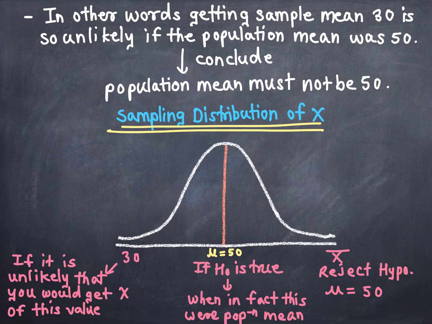Suppose mu is 50, that is the mean of the population is 50, then we are considering H0 is true. Suppose our sample mean is 30. Then if it is unlikely that you would get an x̄ of this value, 30, then we need to reject the null hypothesis.